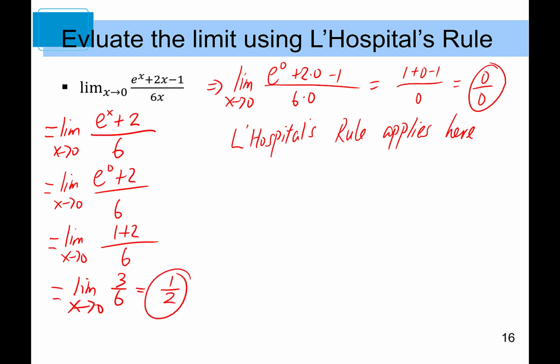So the answer for this limit as x approaches 0 of e to the x plus 2x minus 1 over 6x is one half. And that is pretty much it.